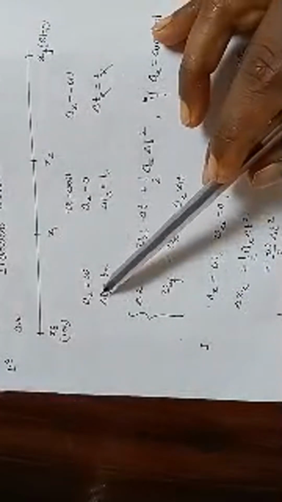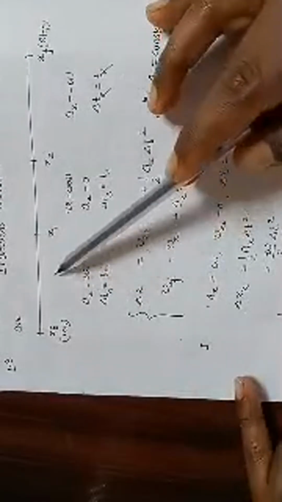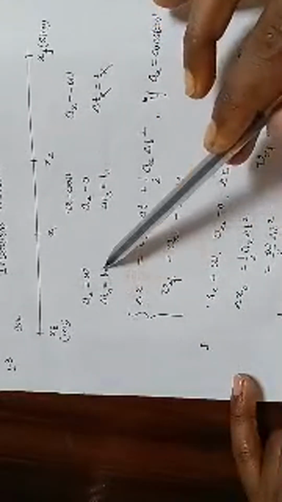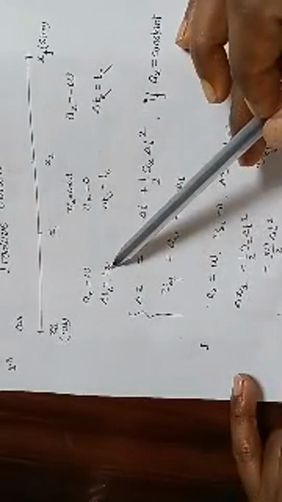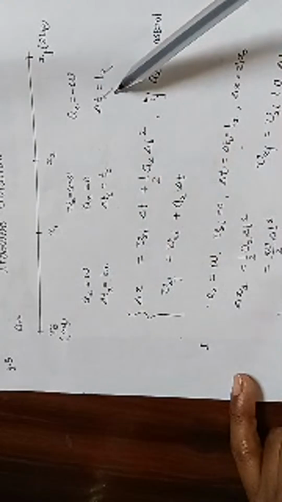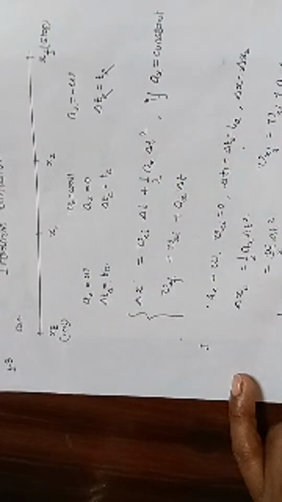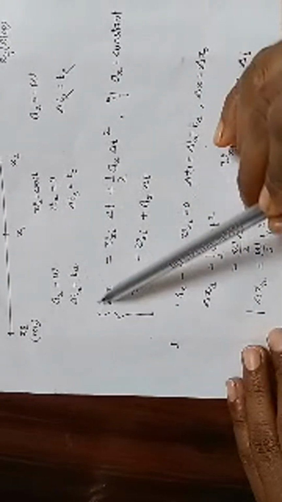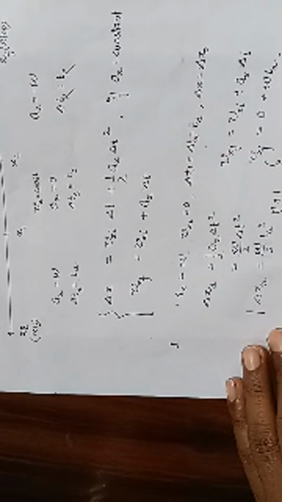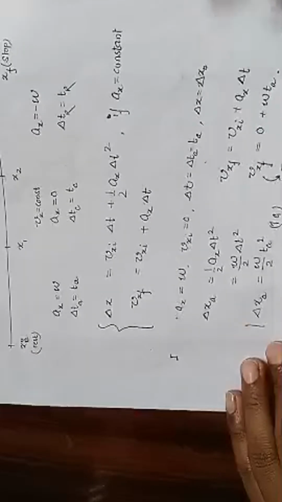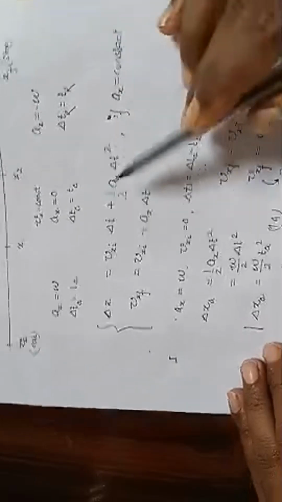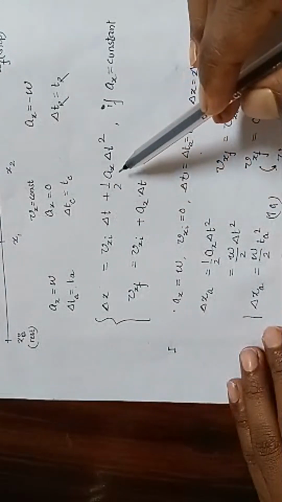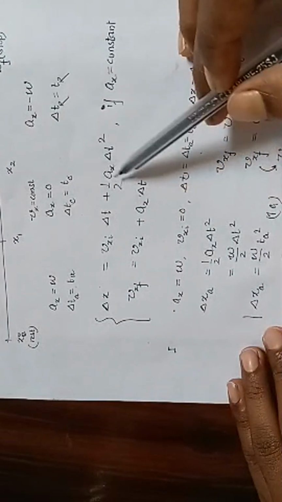The time interval taken in the first case is delta t_a, for accelerated. This is moving with constant velocity. This is retarding. We use this formula because the particle is under constant acceleration, and it is applicable only when the particle is moving with constant acceleration.